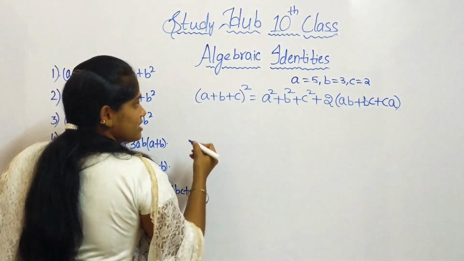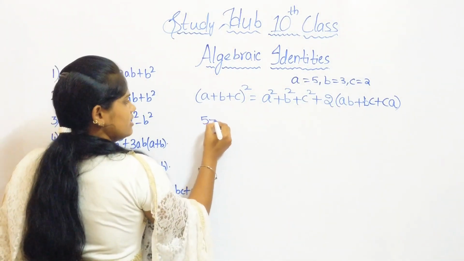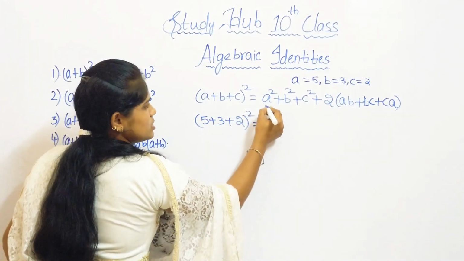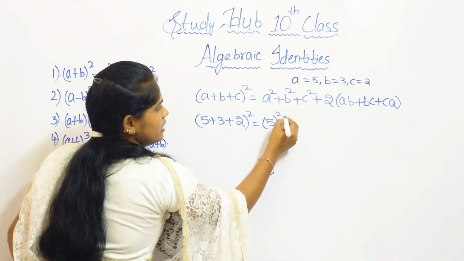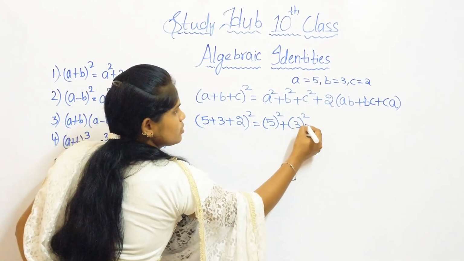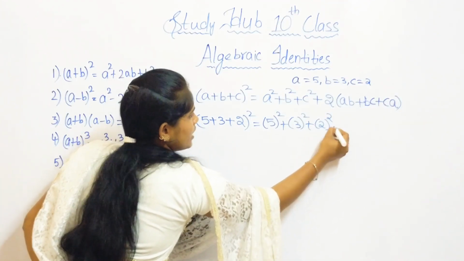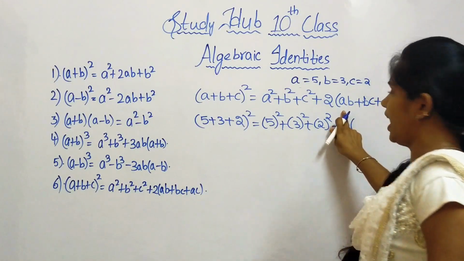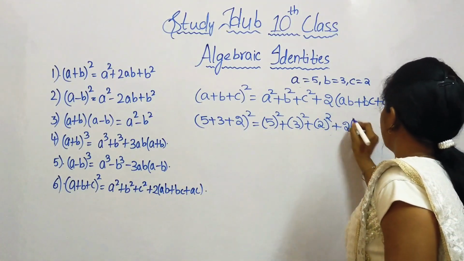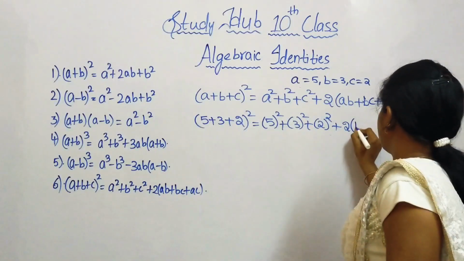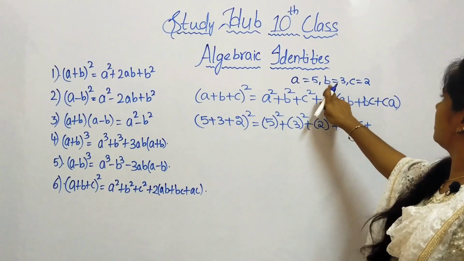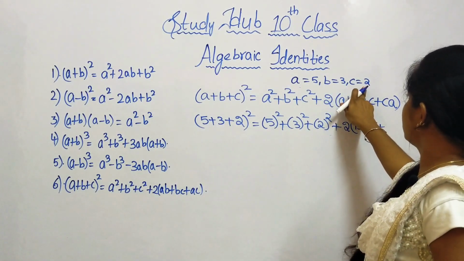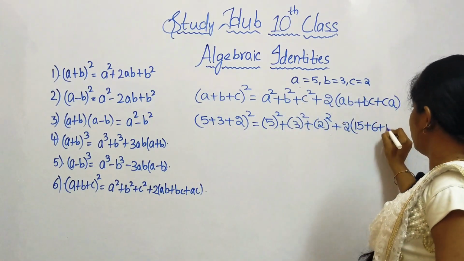Substitute the values of A, B and C in this. 5 plus 3 plus 2 whole square is equals to 5 square plus 3 square plus 2 square plus 2 into AB, that is 5 into 3. 5 3s are directly I am going to write 5 3s are 15 plus BC. B is 3 and C is 2. 3 2s are 6 plus CA. C is 2 and A is 5. So 2 5s are 10.